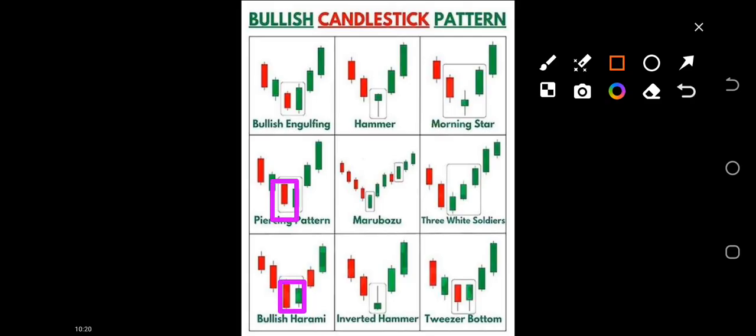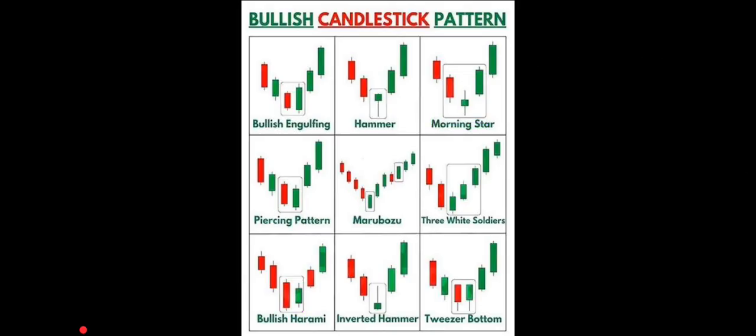This is the engulfing, this is the hammer, the morning star, and the Marubozu, just one. We call it the bullish harami, bullish because it is a reversal pattern that takes the price up. Now look at how the candle will appear.